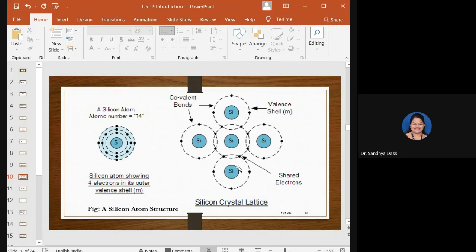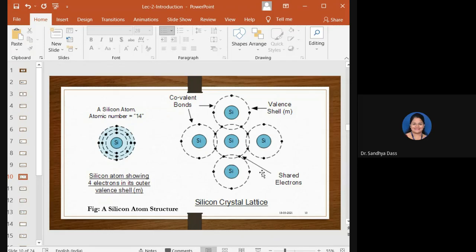So in a normal condition, the silicon or the germanium semiconductor material acts as a good insulator. So silicon atoms are arranged in a definite symmetrical pattern as shown here in a crystalline solid structure.